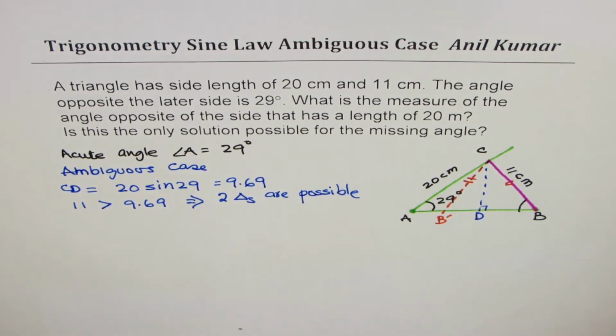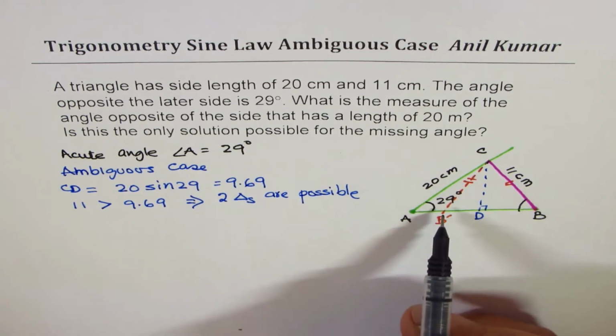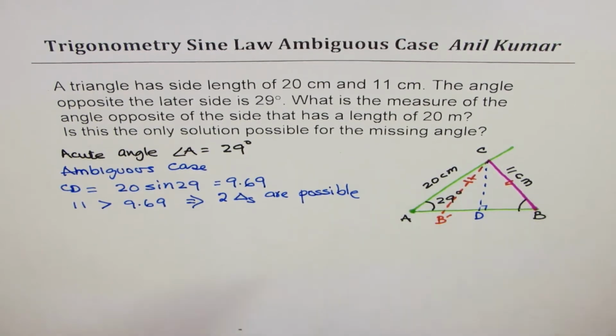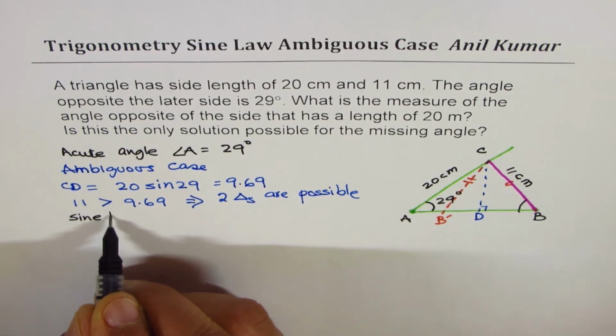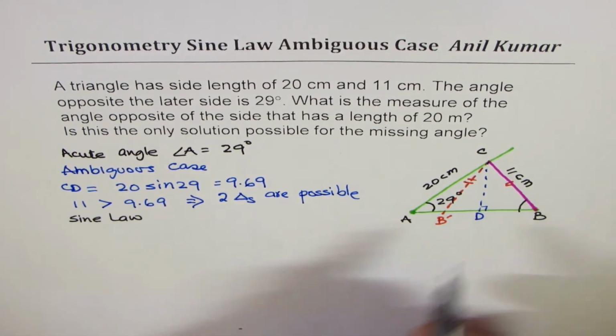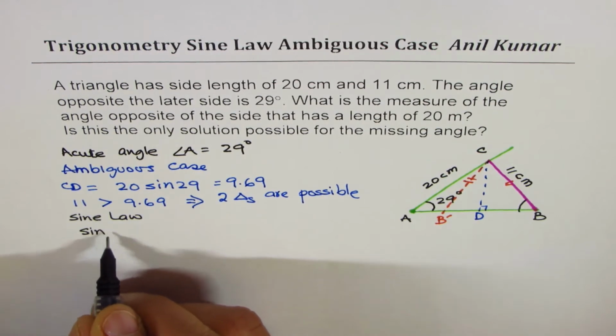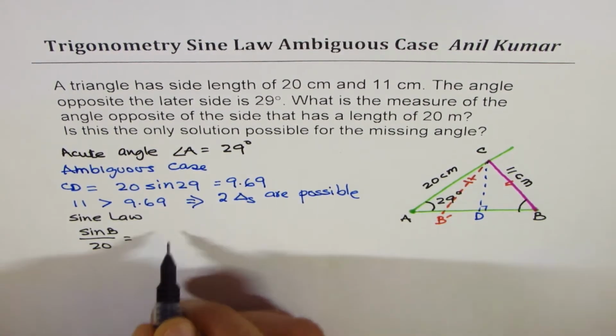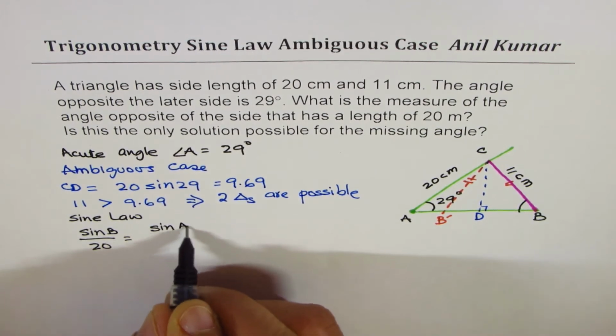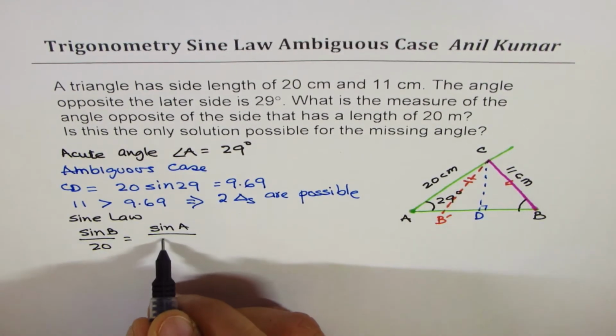Anyway, let's use the sine law and find angle B first. Sine of angle B over the side opposite, which is 20, should be equal to sine of angle A over the side opposite, which is 11.